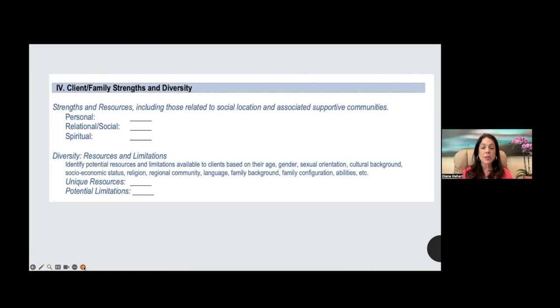For example, many marginalized groups have very strong support networks, whether it's a formal religious institution or just social groups that they're a part of, because they're marginalized. They often build strong social networks to support one another because they need to. So yes, they're marginalized, but they often have better support networks than those who might identify from a dominant culture.